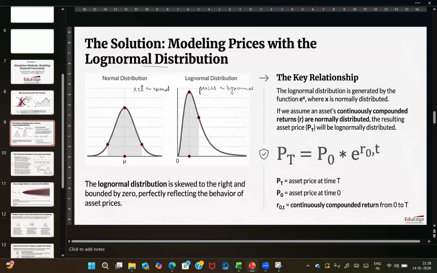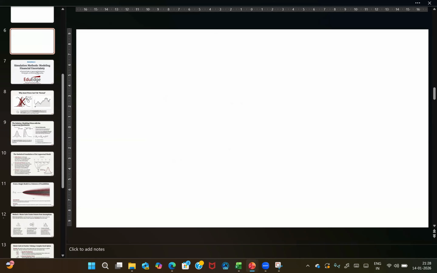Let's look at the theory behind this. So we say that, say we have two variables y and x, and say y is equal to ln of x. Now if we say that this y is equal to ln of x is normally distributed, then by theory, x will be log normally distributed.